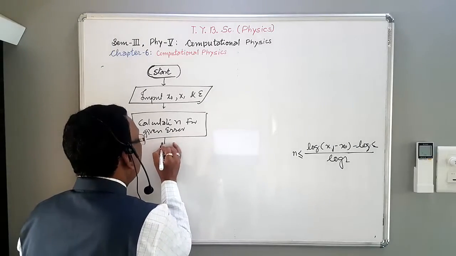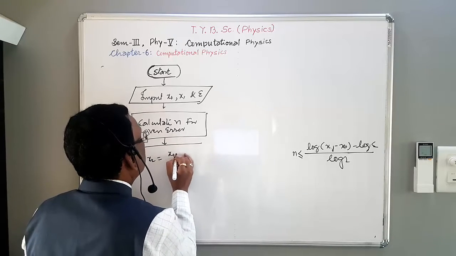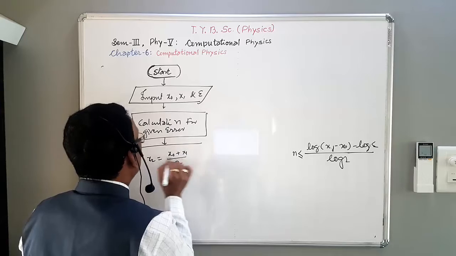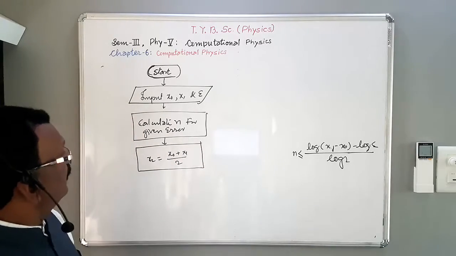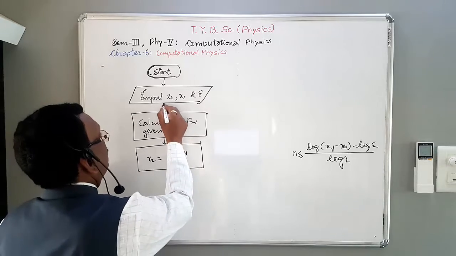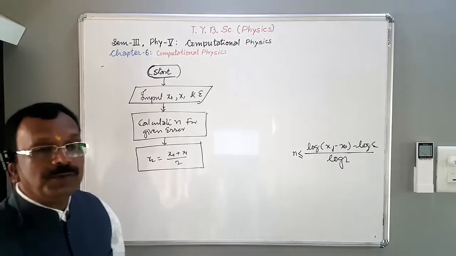Then we calculate the midpoint, that is x2 is equal to (x0 plus x1) upon 2. This is shown in the 4th stage, in this block. All these are the lines of flow.